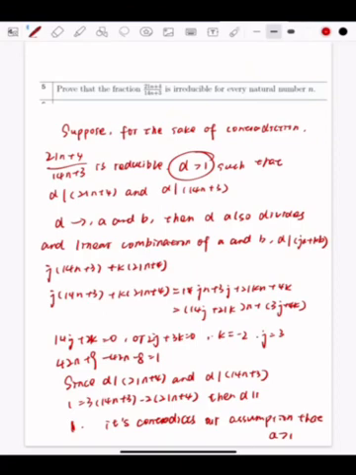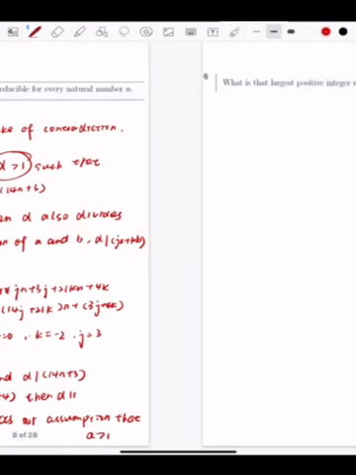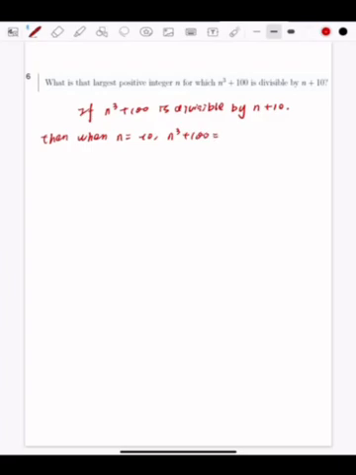So we have this formula that for every natural number n is irreducible. Okay, for this one, we know if here is divisible by n plus 10, and then when n equals negative 10, we have this equals to 0.